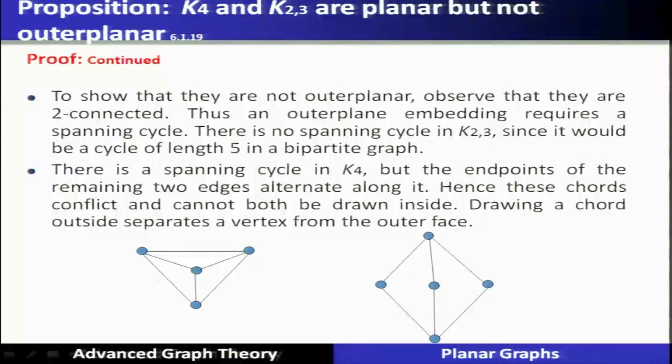To show that they are not outerplanar, observe that they are 2-connected. Thus an outerplanar embedding requires a spanning cycle. There is no spanning cycle in K2,3, since it would be a cycle of length 5 in a bipartite graph.